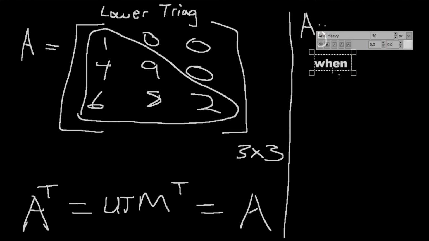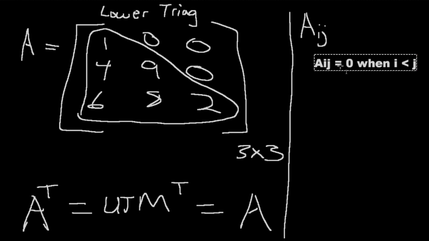You'll say A_ij equals 0 when i is less than j, which basically means the entry is 0 when i is less than j, and that would be a lower triangular matrix.